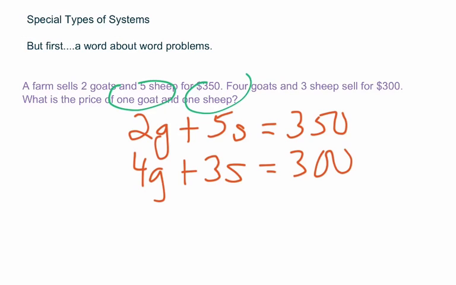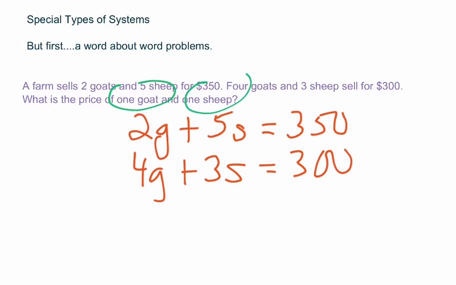And so you have to get the price of each ticket. Sometimes there'll be a little bit more variety. I know I've done ones that are like, Sally has $5 bills and $10 bills in her wallet. They come to a total of $70, and there are 15 bills. How many of each kind of bill does she have? I made that up on the spot, so don't try to do it.